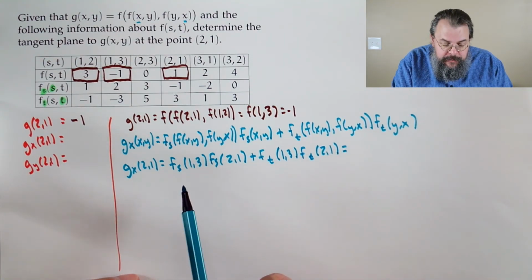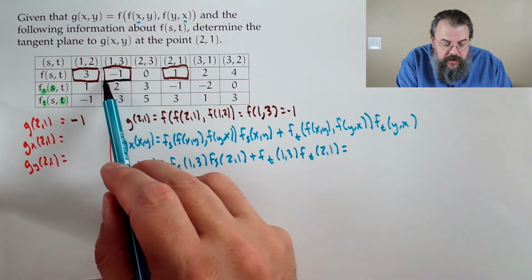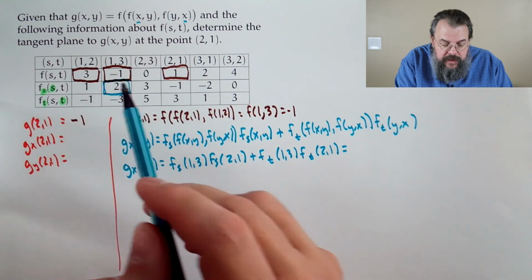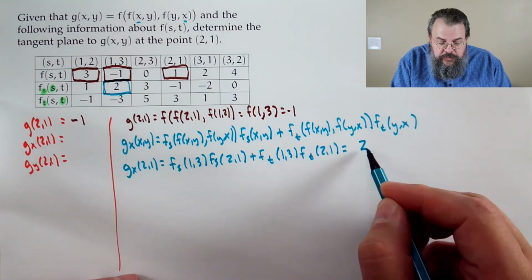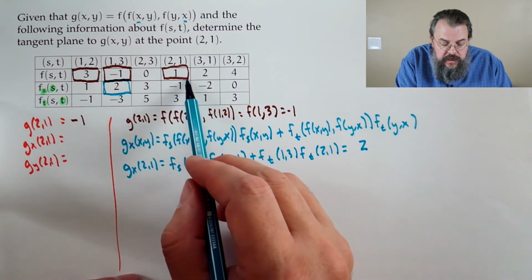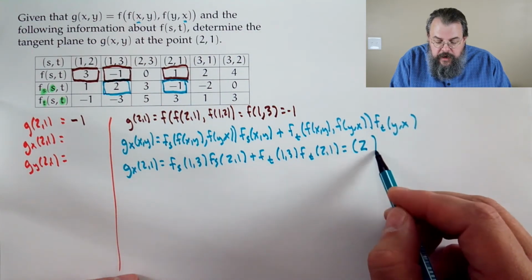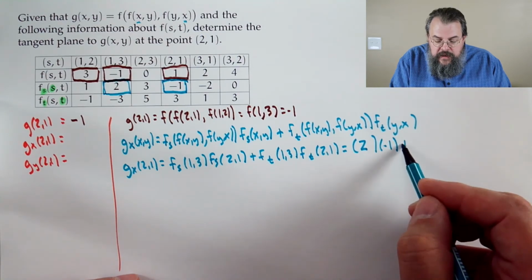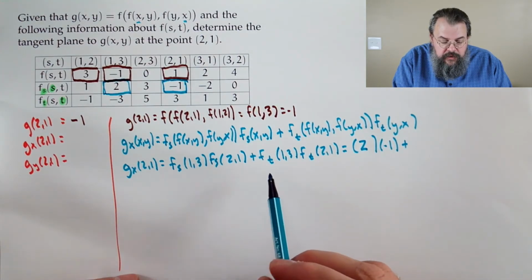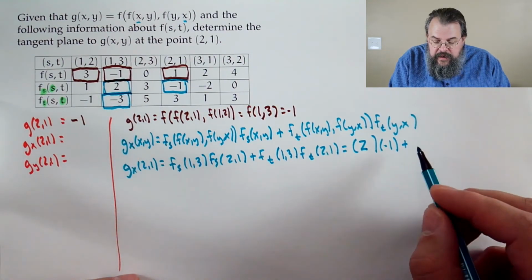All right, so what do we have? Well, we start looking things up. f sub s at (1, 3), well, that's right here. So that's 2. f sub s at (2, 1) is here. That's negative 1. f sub t at (1, 3). Okay, that's here. That's negative 3.